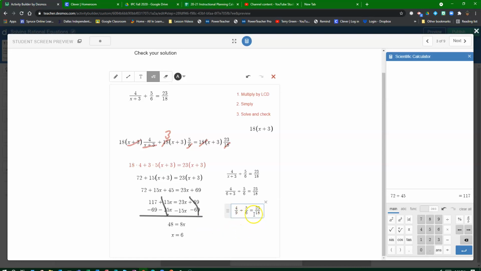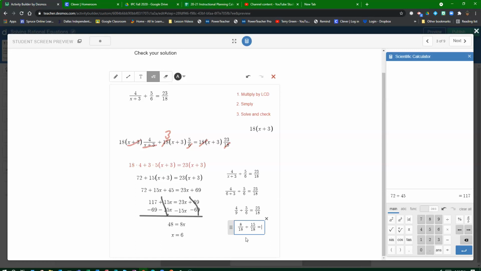If I use 18 as my LCM, I can rewrite the 4 9ths as 8 over 18, and I can rewrite the 5 6ths, since 6 goes into 18 three times, as 3 times 5, which is 15 over 18.